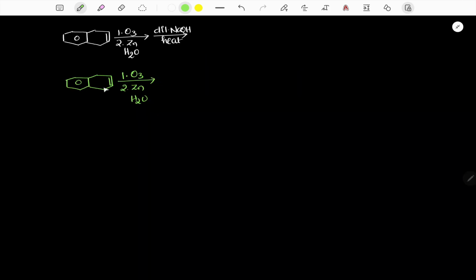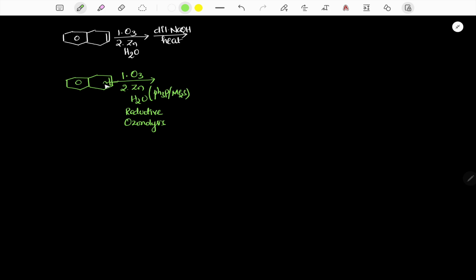The first reaction, alkene plus benzene treated with ozone and then followed by zinc, H2O. So when alkene and benzene both are present, alkene undergoes ozonolysis. Since here zinc is present, it is a reductive ozonolysis. In place of zinc, we can also take triphenylphosphine, or dimethyl sulfide.